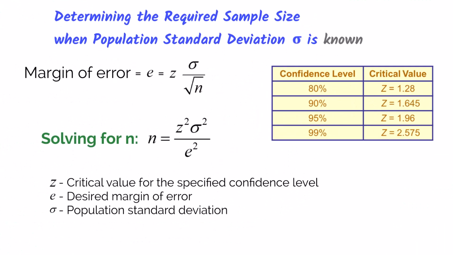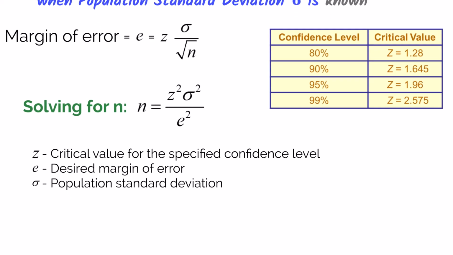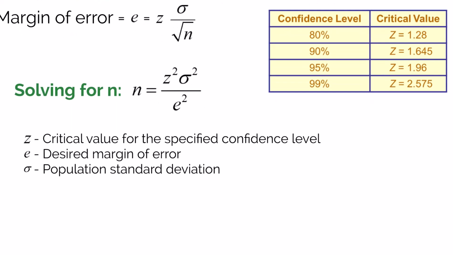To determine the required sample size when the population standard deviation is known, we first need to review how we calculated the margin of error, denoted by the letter E. To find it, we take Z times our standard error. Now, to determine the required or minimum sample size, we solve for n, and we get this formula here.